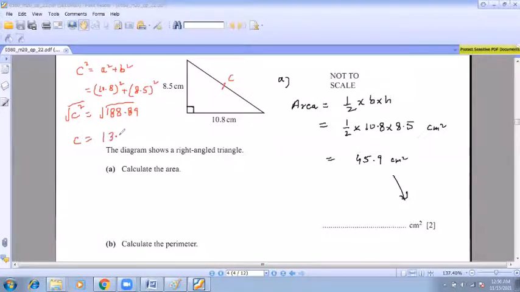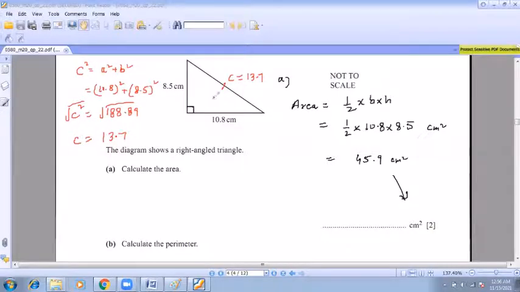I will choose one decimal place, or three significant figures. Now we find out that c is 13.7, and what is the perimeter? Perimeter is basically the sum of the outer lengths of any shape. There are three sides of this triangle: 8.5, 10.8, and 13.7.